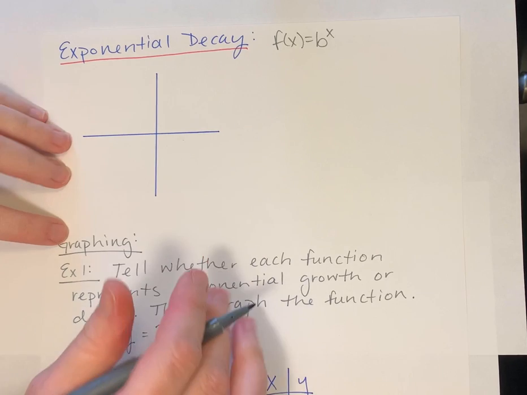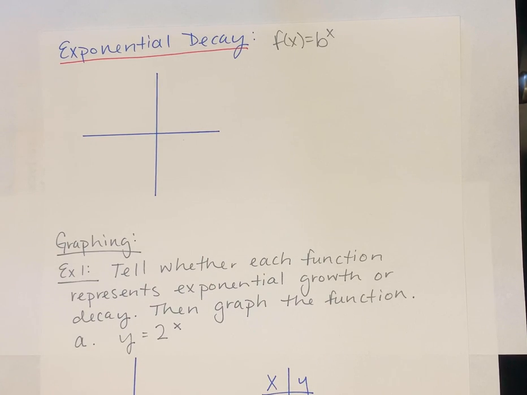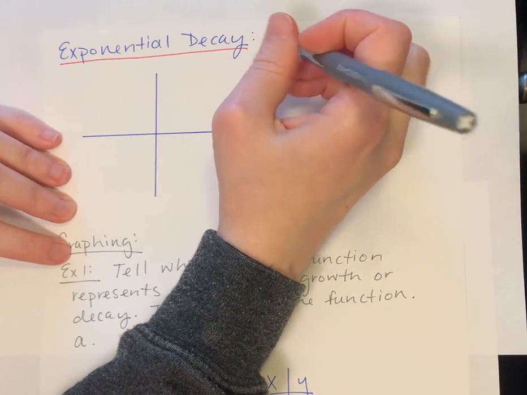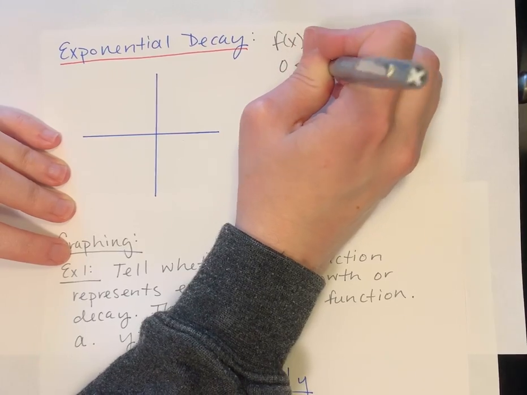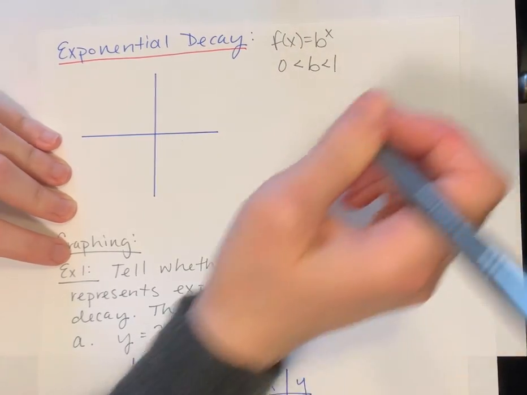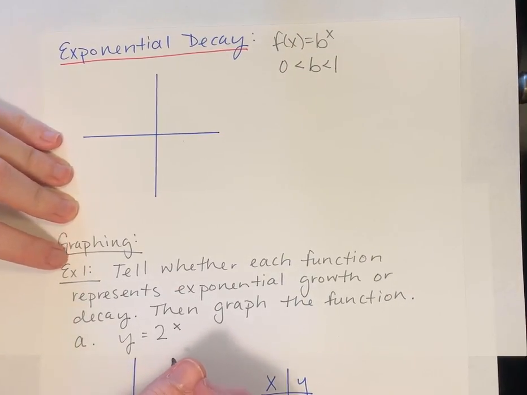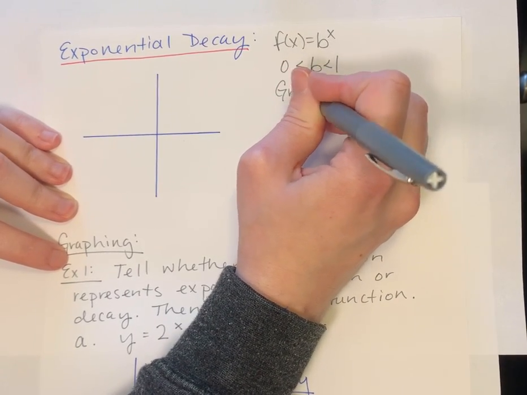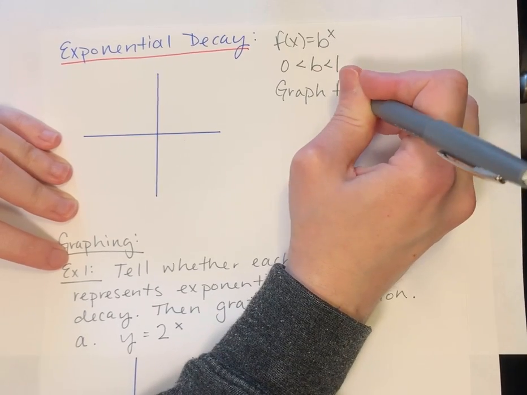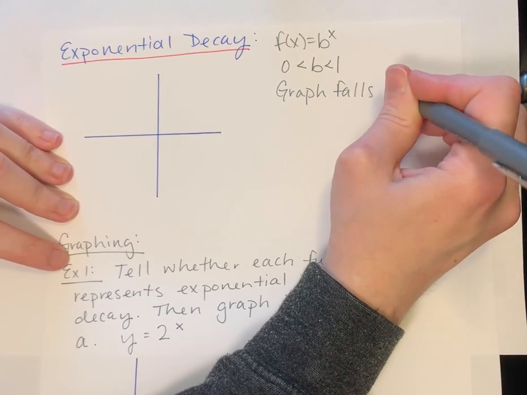But here we're not looking at b values that are greater than 1. We're looking at b values that are between 0 and 1. And for decay, the graph falls from left to right.